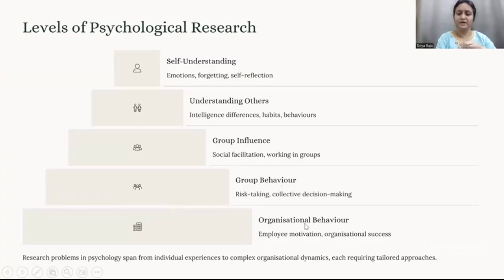It could be trying to understand the behavior of an organization, wherein I observe what motivates employees, organizational success, the success of an organization as a whole, and so on. So my research problem can span from individual experiences to studying a whole organization as such, which involves complex factors. And each of these will require different approaches.